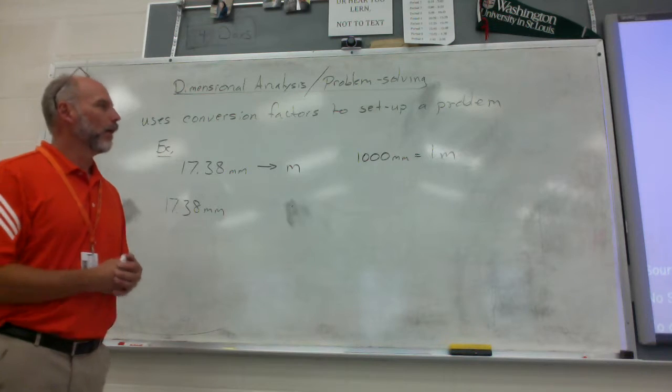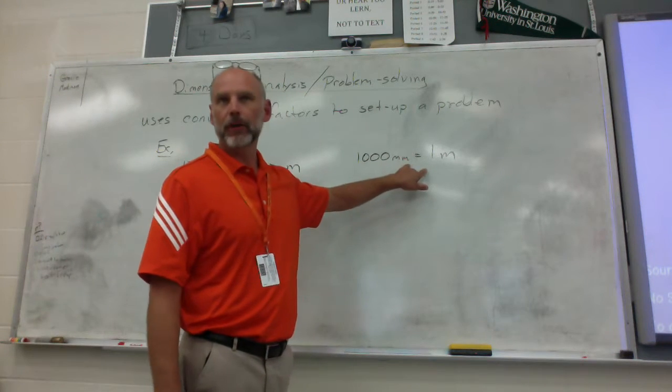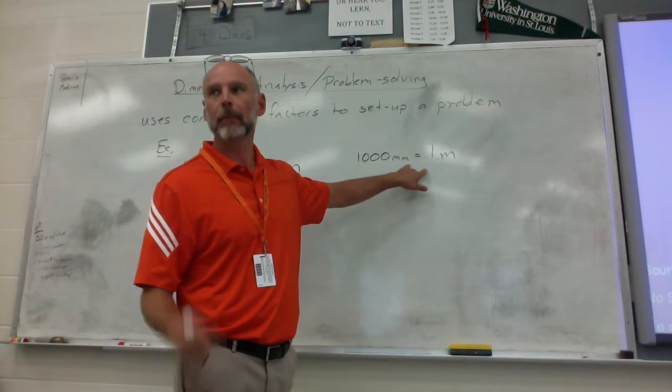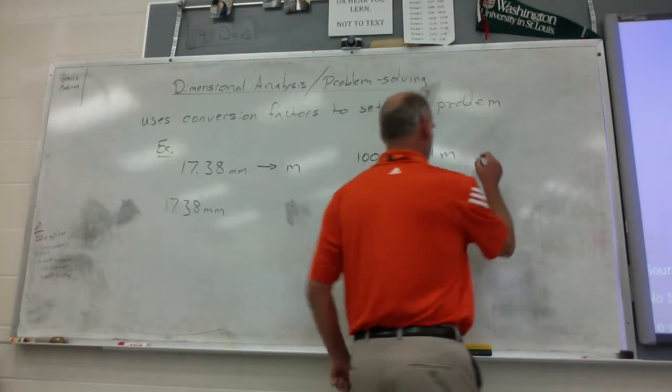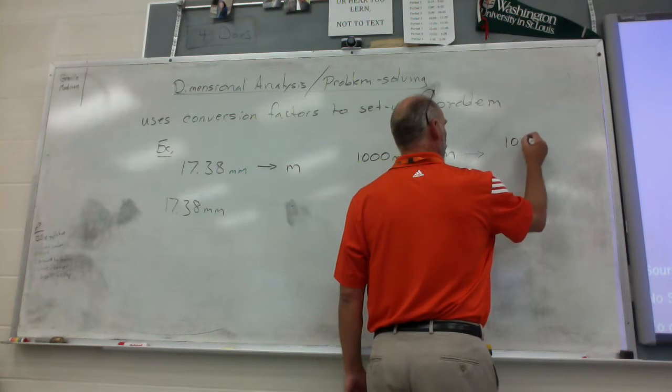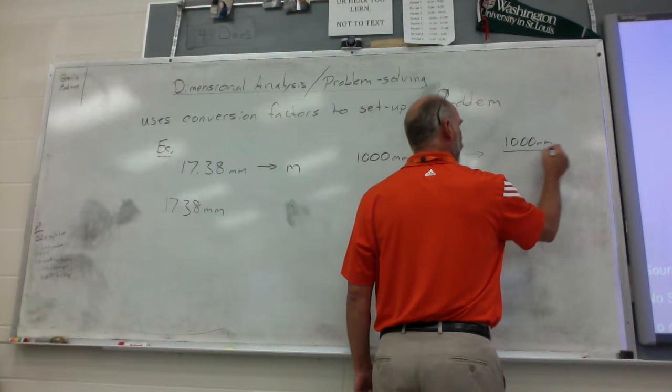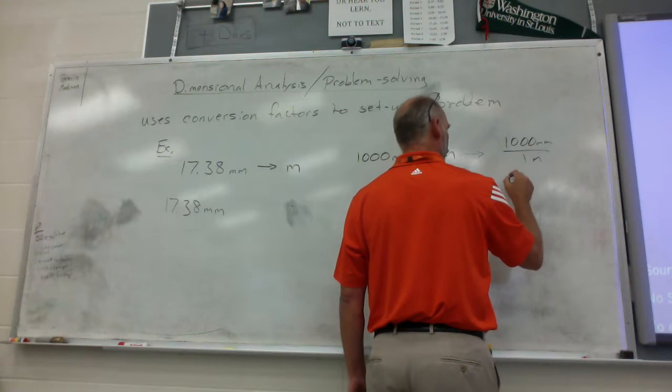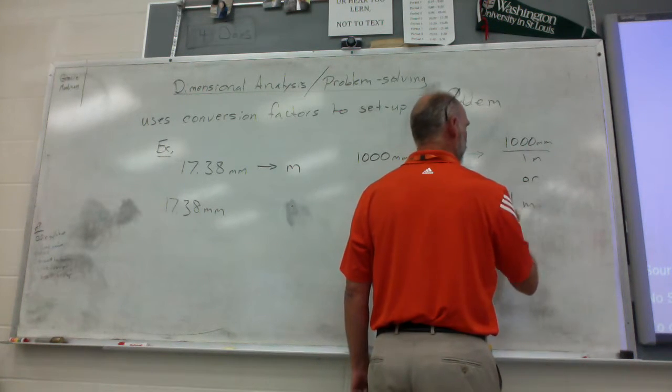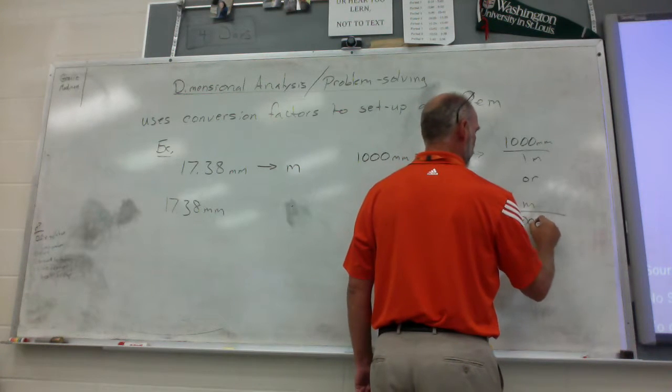Okay. Now, since these two things are equivalent to each other, I can make two different conversion factors out of them. I can either put 1,000 millimeters over 1 meter, or 1 meter over 1,000 millimeters.